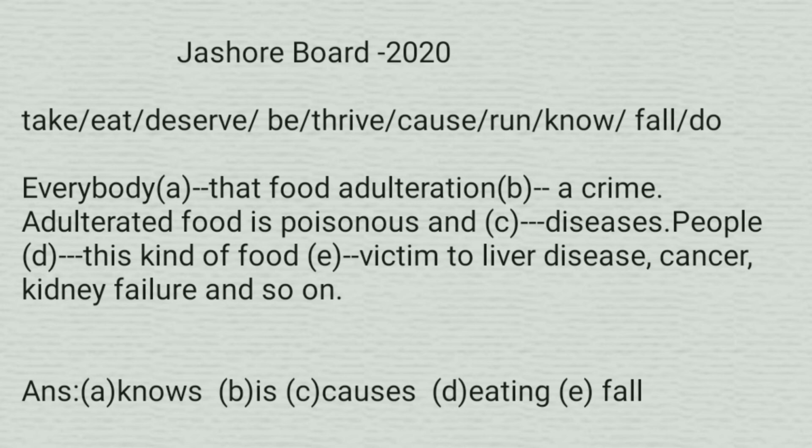At first you have to select the suitable verb for the gap and then you have to correct the form of the verbs. Here we can see the verbs take, eat, deserve, be, thrive, cause, run, know, fall and do.